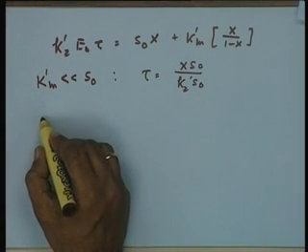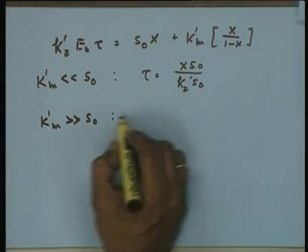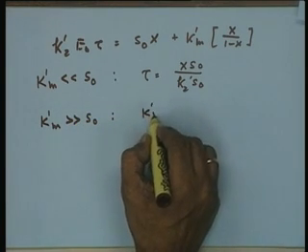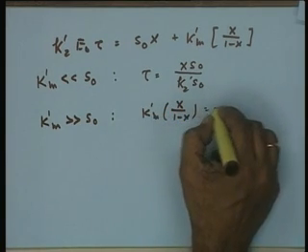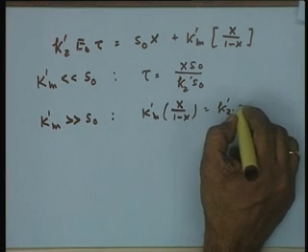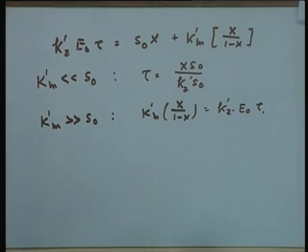And for first order system where K dash m is much greater than S naught, you have K dash m x upon 1 minus x equal to K2 dash into E naught into tau. So, the two extreme conditions for the reactor performance can be judged.